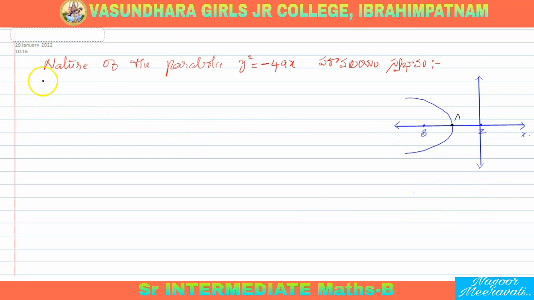Now in the previous class we told the properties of the parabola y square is equal to 4ax. Now the parabola is y square is equal to minus 4ax. Here you can write 4 into minus a into x.